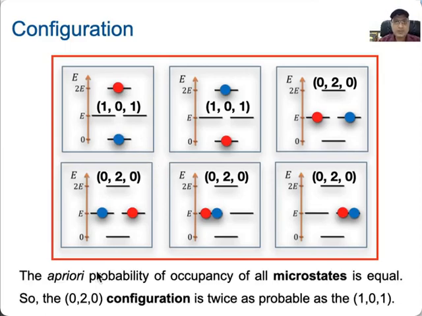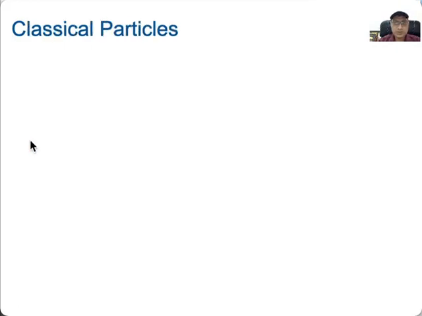The a priori probability of occupancy of all microstates is equal, so the 020 configuration is twice as probable as the 101 configuration. We can see that there are four chances for the 020 configuration, 1, 2, 3, 4 here, whereas 101 configurations occur two times. So the 020 configuration is twice as probable as the 101 configuration.